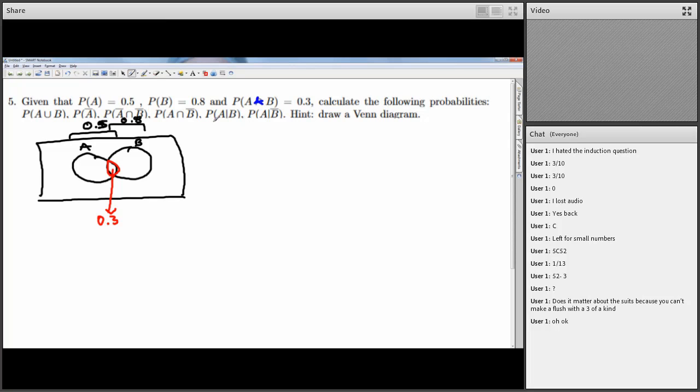Now I've got to work out some other stuff, but before we go to that stage, if you think about it, this sort of Venn diagram really splits up the region into four different shapes.